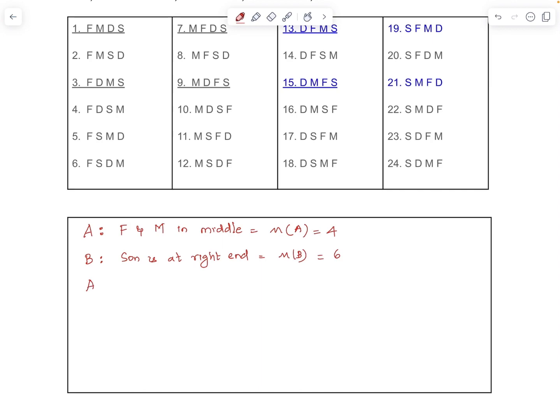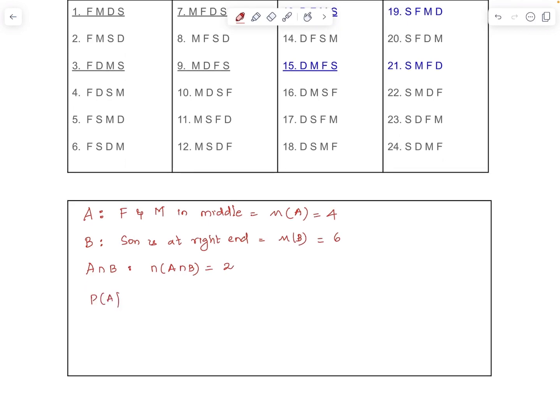A intersection B refers to the arrangements where father and mother are in the middle and son is at right end. So n of A intersection B is equal to 2.